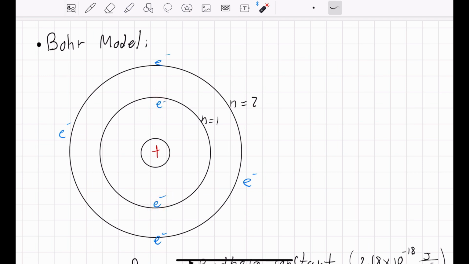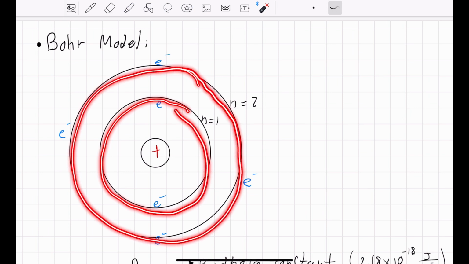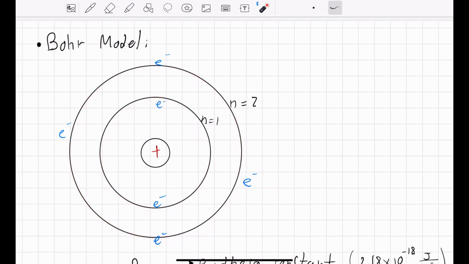So you can see here there's first energy shell, second energy shell, and we denote this with the letter n. So n equals 1 denotes the first shell, n equals 2 second, n equals 6 would be the sixth shell, so on and so forth.